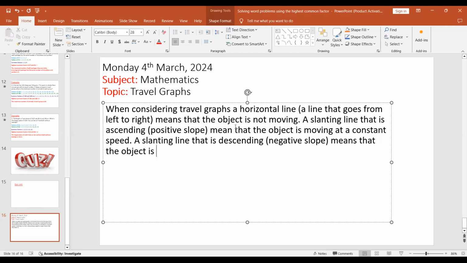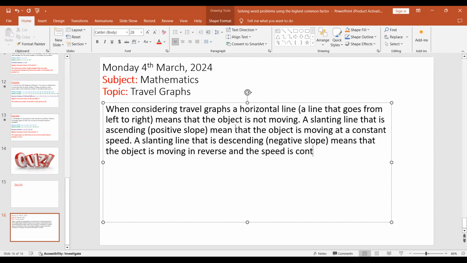And if we have a negative slope, where the line is descending, the object is moving in reverse. And when we say in reverse, we still mean constant speed.